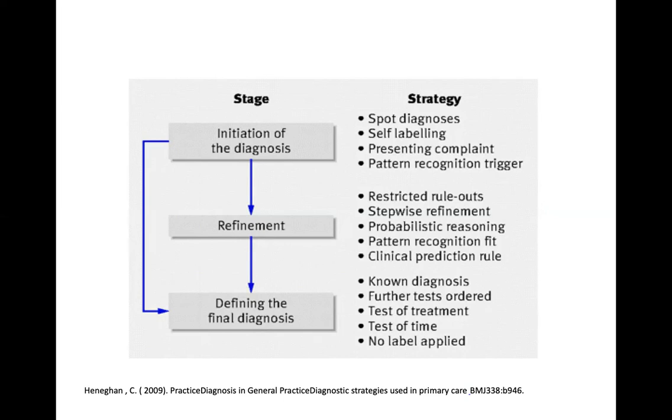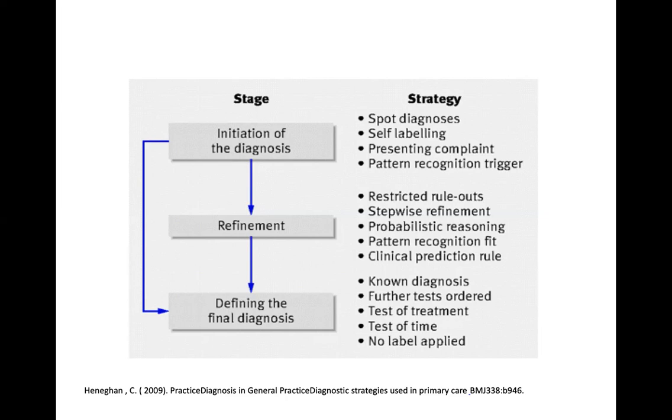So, in terms of how I think in stages, what's the initiation of the diagnosis? The strategies there are spot diagnosis, self-labeling, presenting complaint, and pattern recognition or triggers. We talked about that when I talked about the chief complaint and history of present illness.